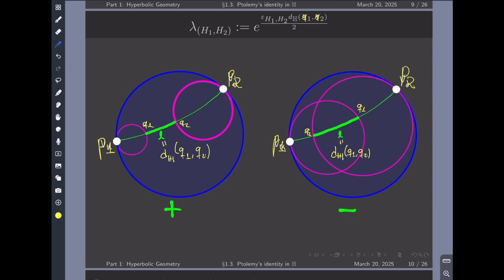So you see, it really has to go through the intersection, and then you just juggle with Möbius transformations. But otherwise, I don't see it as so obvious.